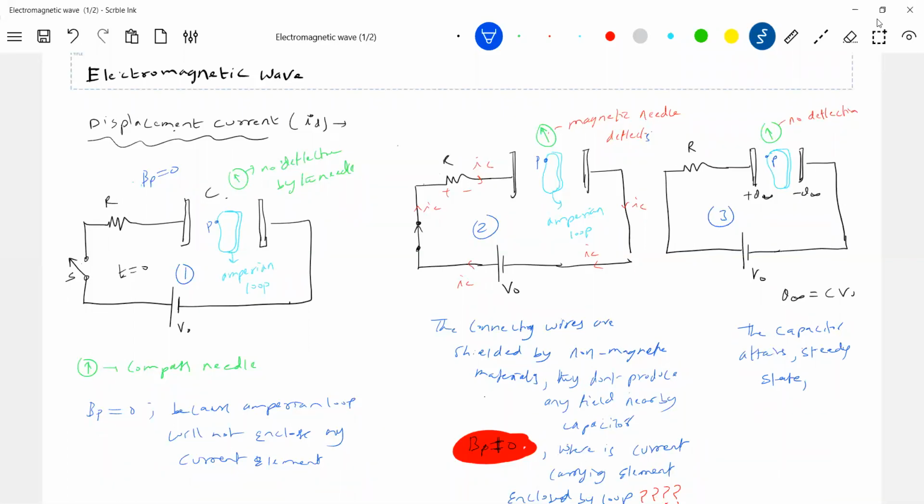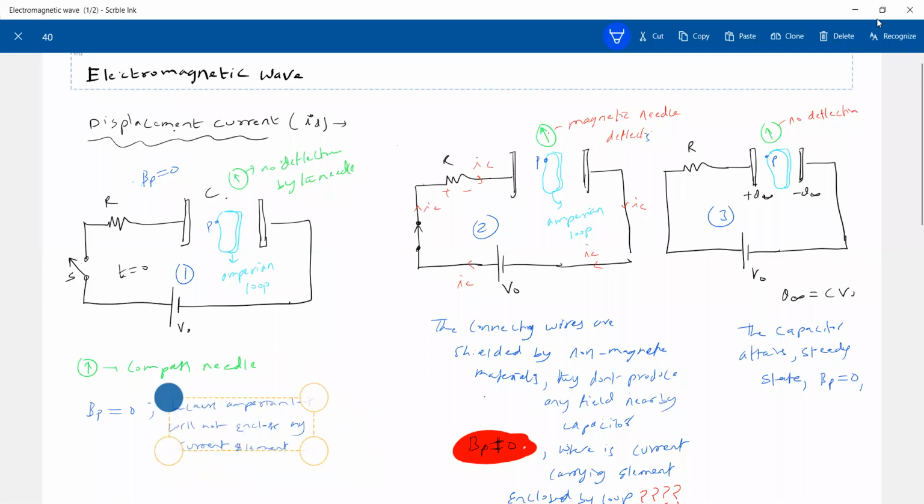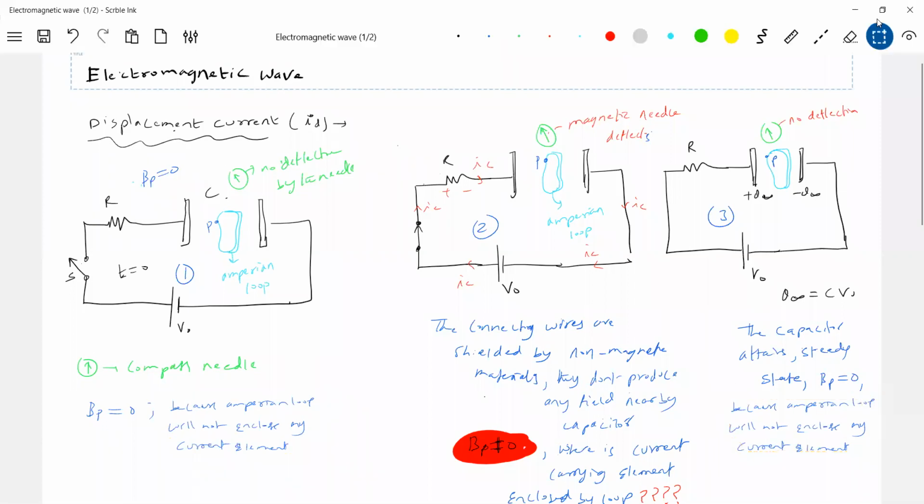So charge across the capacitor is constant, the electric field is constant, and the magnetic field at point P is 0. Any reason for that? No current carrying element, because the Ampere loop will not enclose any current. Okay, I think we are very good at giving reasons in the 1st and 3rd, but we are totally failing to give any expression for the second circuit.